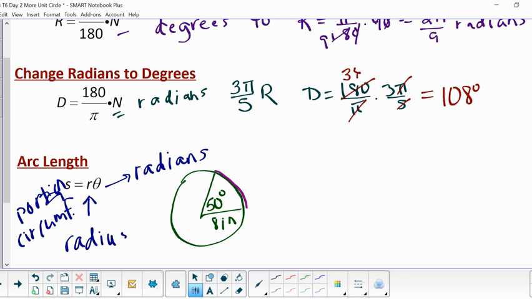So you would do the formula from above: theta is equal to pi over 180 times 50. And you're going to do some reducing. 5 and 18 don't reduce, so I just get this radian measure to be 5 pi over 18.